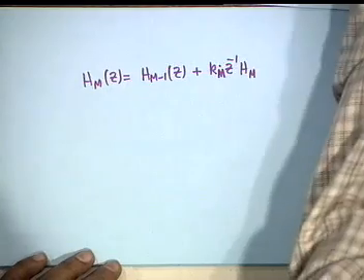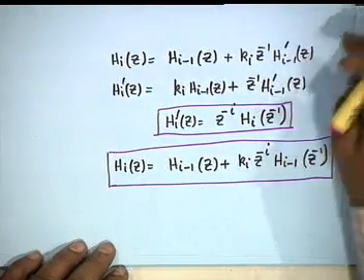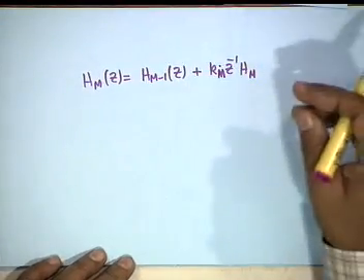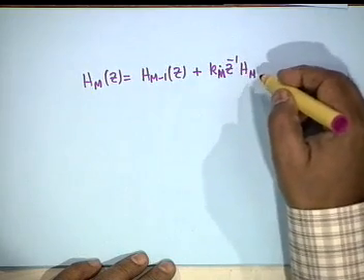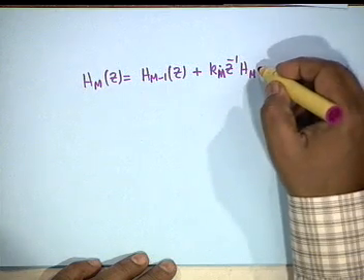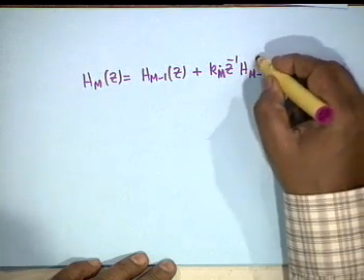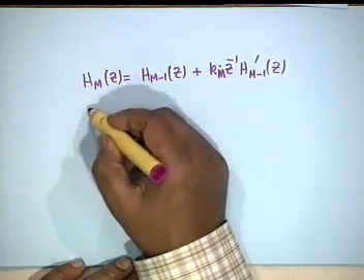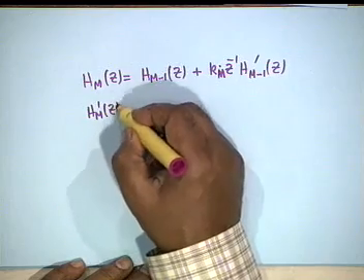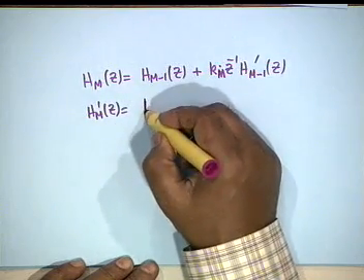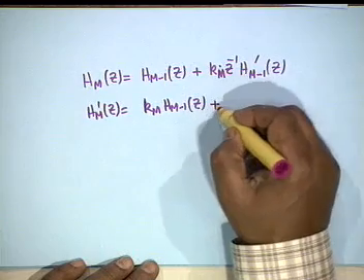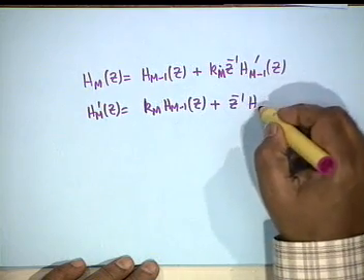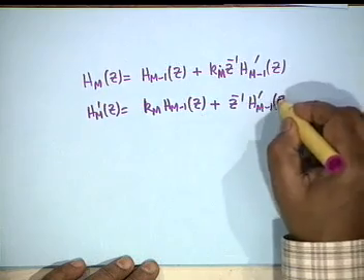No, I am using the first relation still. I will make use of the other later. I can do that here also, but let us not complicate things. There is a point which I want to illustrate with this. And then H'_m(z) is equal to k_m H_{m-1}(z) plus z^{-1} H'_{m-1}(z).